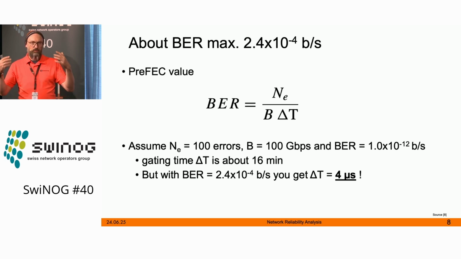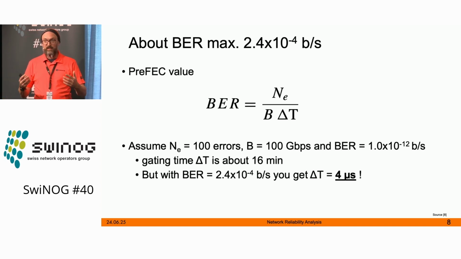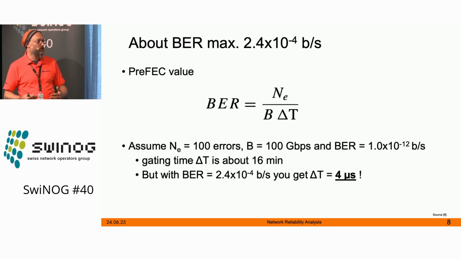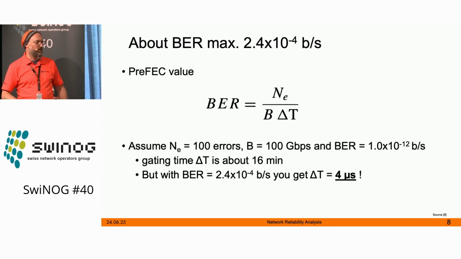Now, when you decrease the bit error rate down to minus 4, which is our demarcation line there, the gating time gets really shortened down to 4 microseconds. So these clusters will show up every 4 microseconds, and the forward error correction has a way harder job and needs to perform way more workload than when the link is running at minus 12.